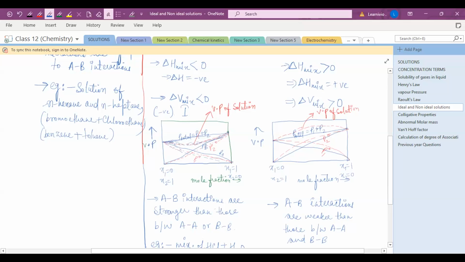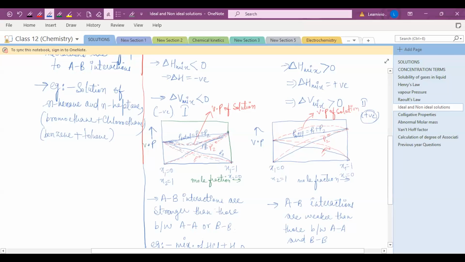Similarly, in the case of positive deviation, this second graph shows the positive deviation. Again, it's a vapor pressure versus mole fraction graph, but in this case it is positive. Here you can see this dotted red line shows the positive deviation.